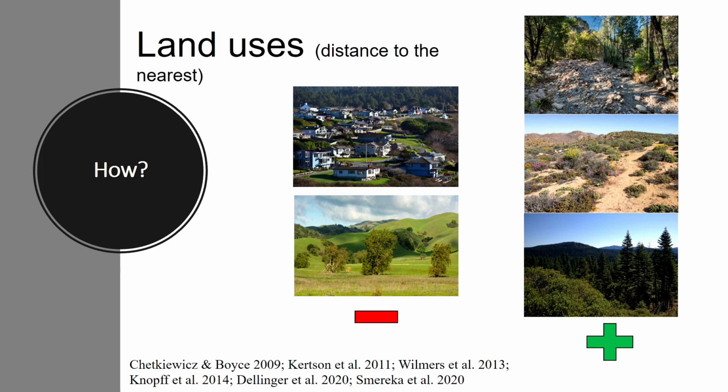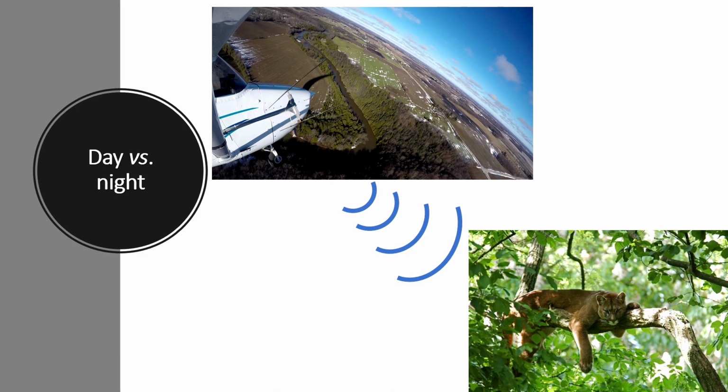Land uses are also an important variable to define puma home ranges or territories, because they avoid human-dominated landscapes and open areas, and they positively select creeks, scrublands, and forests.